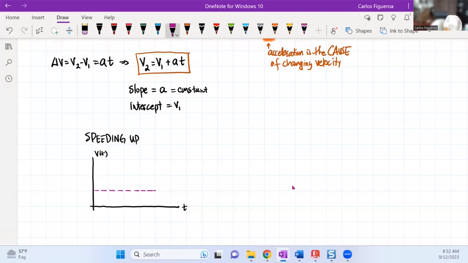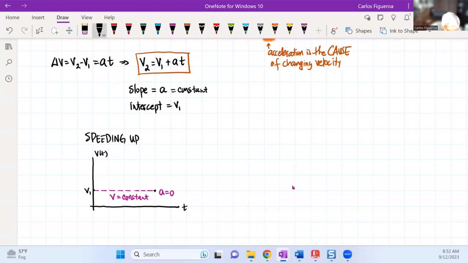This line says V is equal to a constant, and if it's equal to a constant, that means this line equals zero acceleration. So in this situation, the velocity V1 has to be the same as the velocity V2 at this point right here.